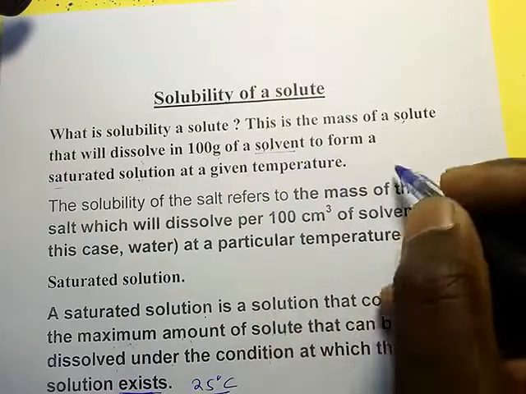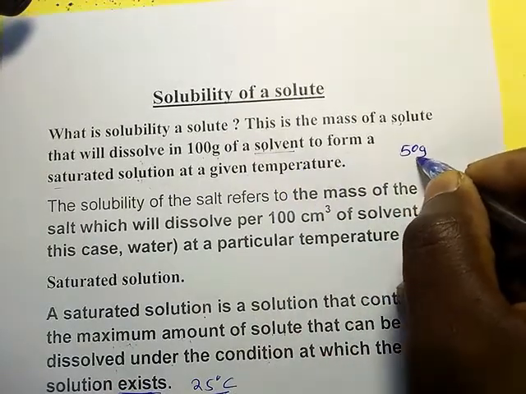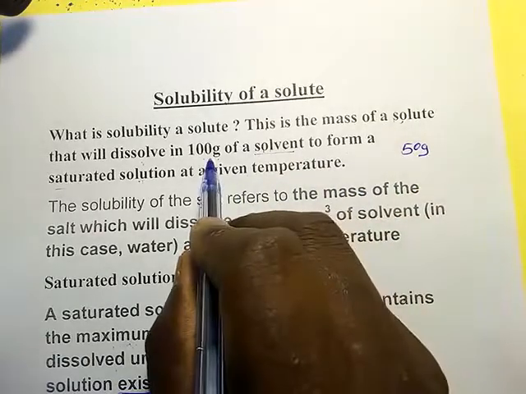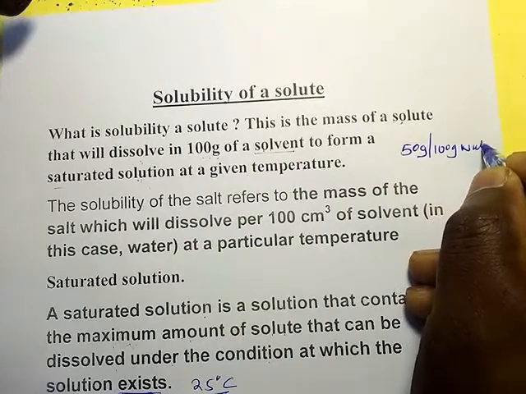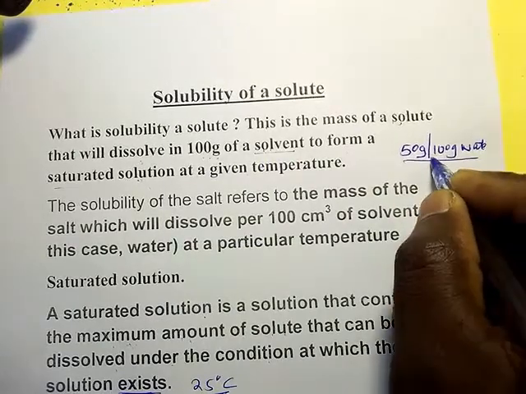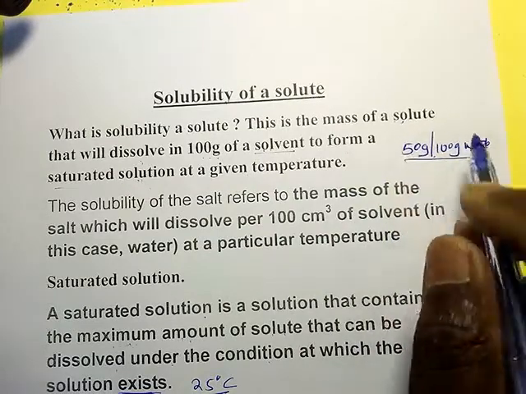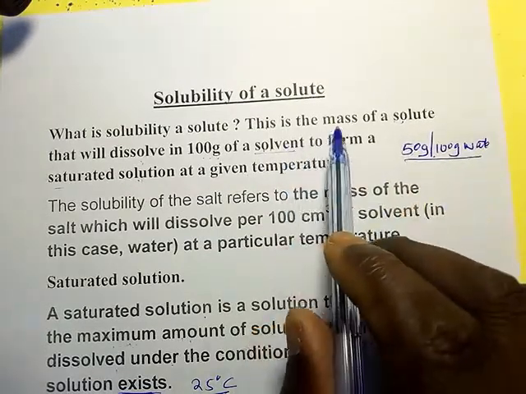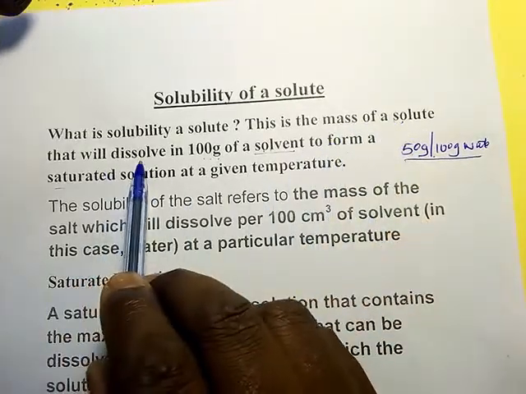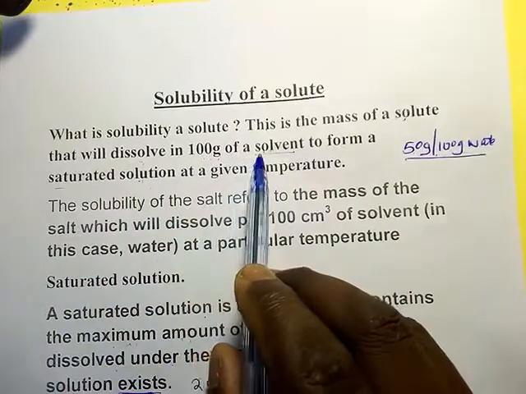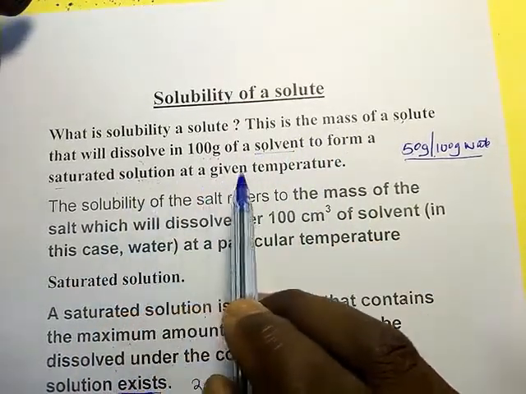So if I have 50 grams dissolved in 100 grams of water to form a saturated solution, this is what we call the solubility of that solute.